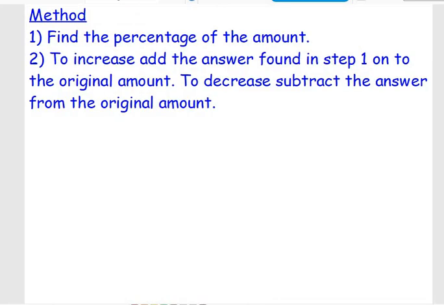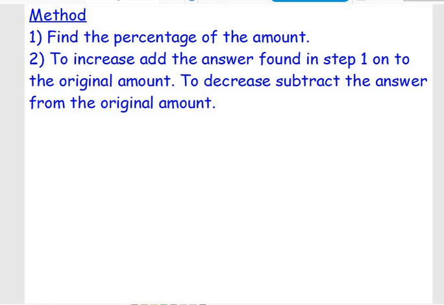When we are increasing or decreasing an amount by a given percentage, we use the following method. The first thing we always do is find the percentage of the amount. Then, if we are to increase, we add the answer from step 1 on to the original amount.